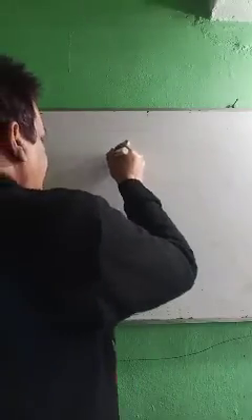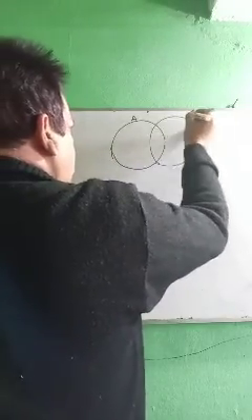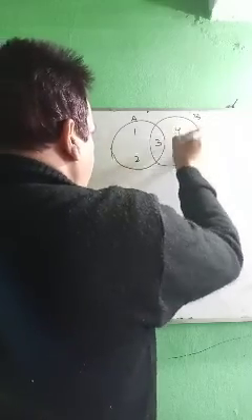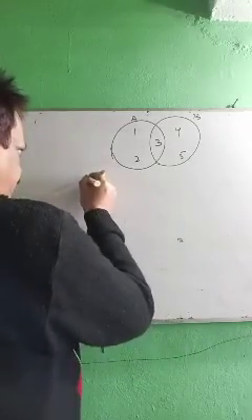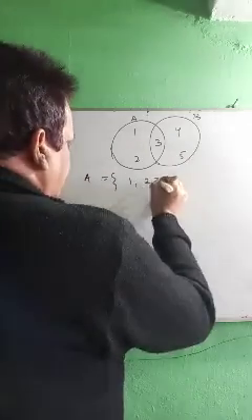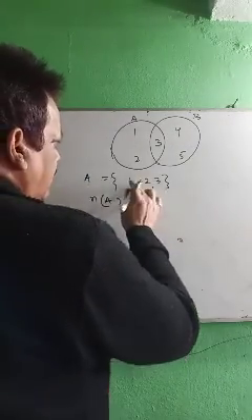Now look here. Suppose A is a set, B is a set. A is 1, 2, 3. Then what is n(A)? 3 elements.